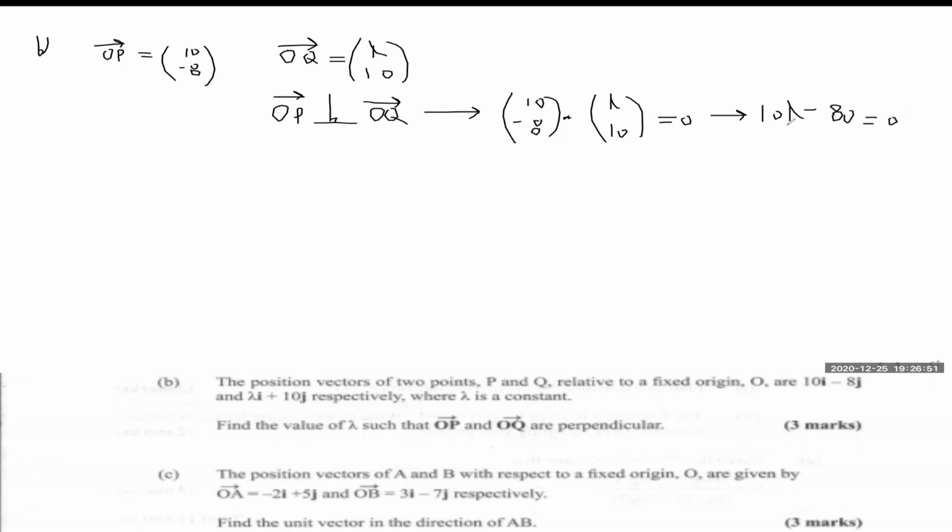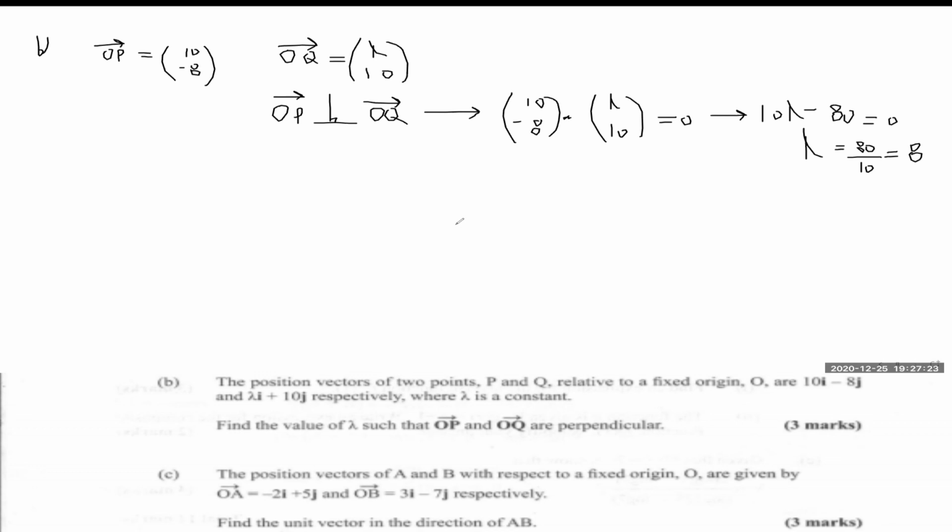If we make lambda the subject, lambda is equal to 80 over 10, which means lambda is equal to 8. Nice and easy. Well, let's look at the next part now.